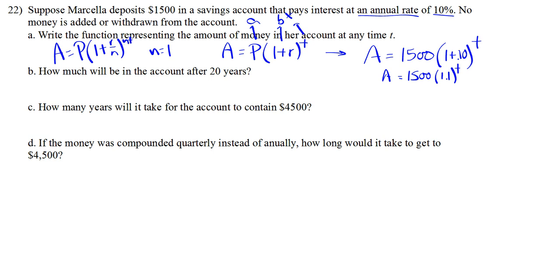All right, how much will be in the account after 20 years? This is one where you would use a calculator to do 1.1 to the 20th power. I figure most of you aren't just going to knock that one out, and that's okay. So you can leave it like that. The amount you'll have is 1,500 times 1.1 to the 20.